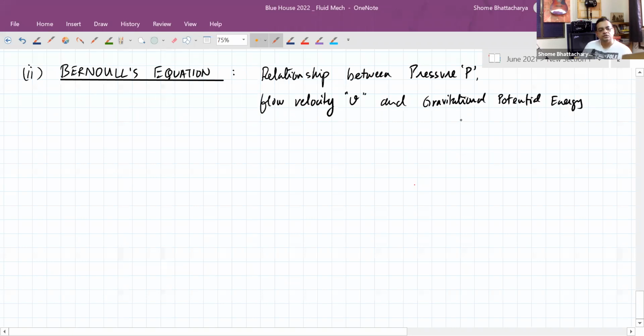Which we relate in terms of the height h with respect to some reference horizontal level.